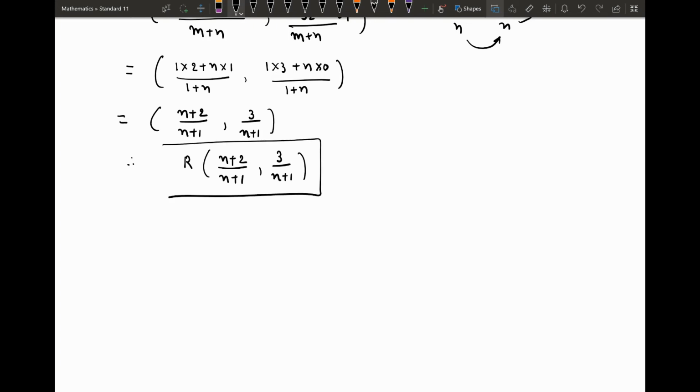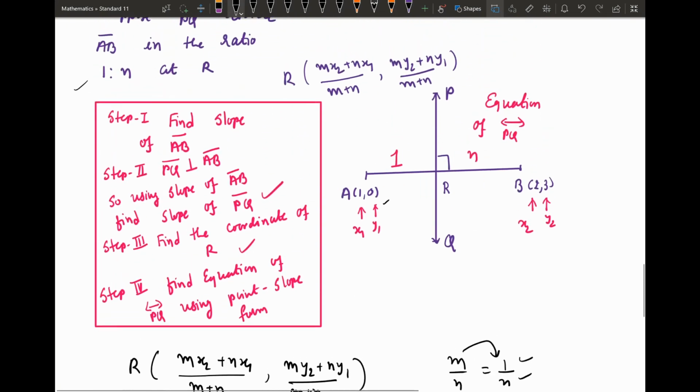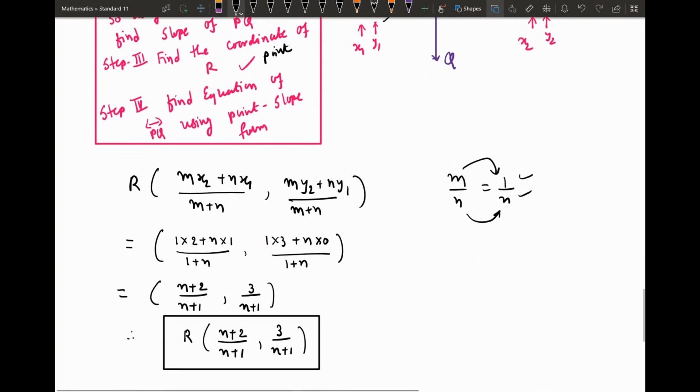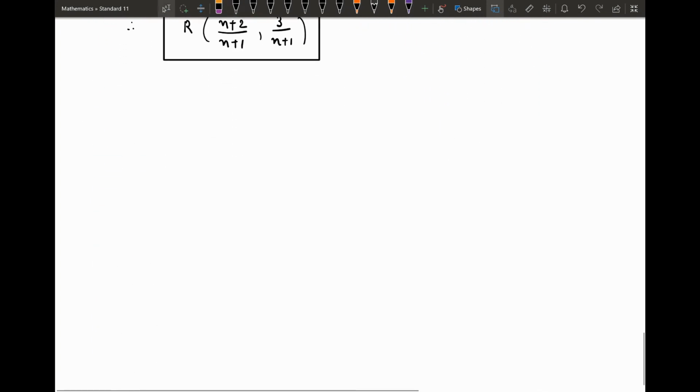So this is the point. To use point slope form, we have obtained the point. Now let us find slope, then we will use point slope form. Now slope of AB, using the definition of slope, (y2 minus y1) upon (x2 minus x1).